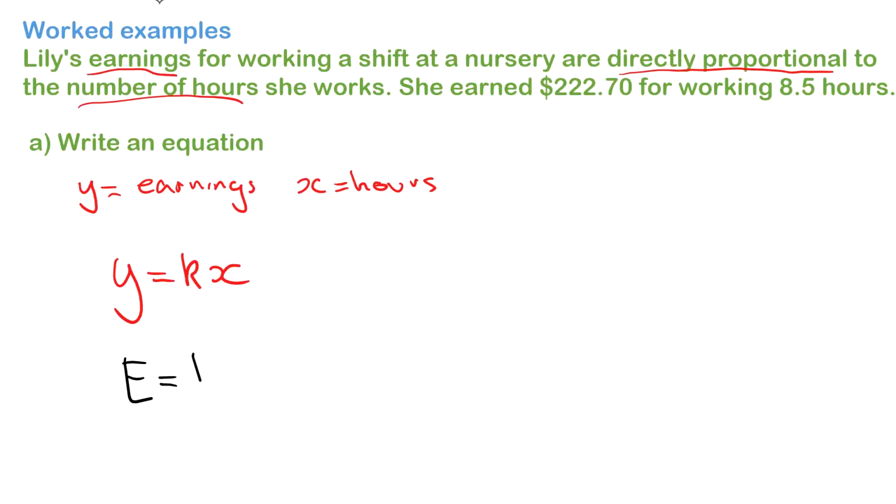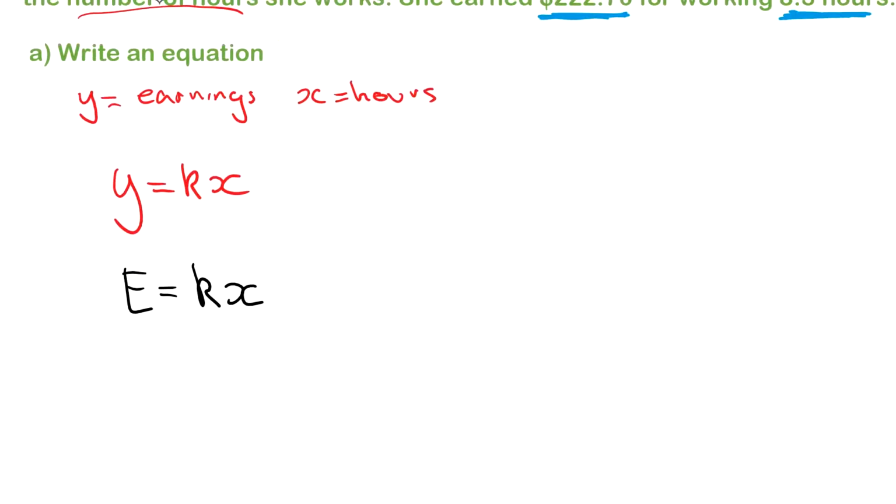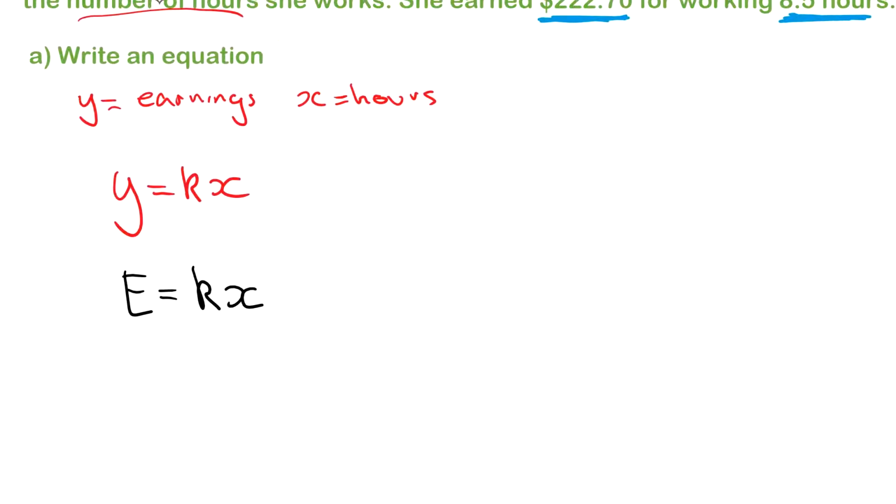It also gave us some really useful information: we have the earnings, and we have how many hours it took to get those earnings. This is our step 2, our substitution step. So we're going to substitute these into our equation.